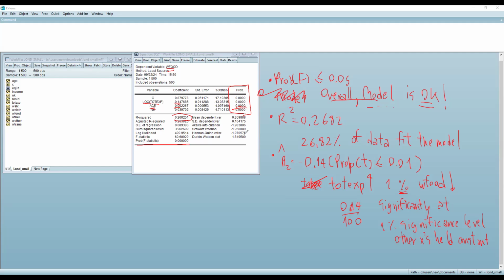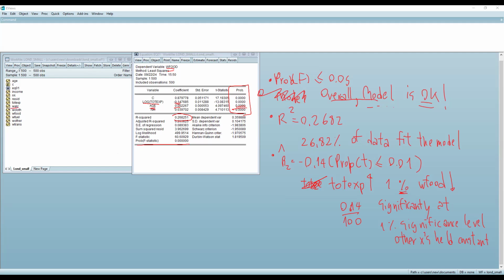Okay, let's do one more model and we will move to B. This is the expenditure on food. How about if I would like to know the expenditure on alcohol?